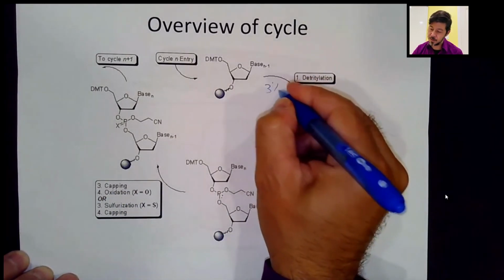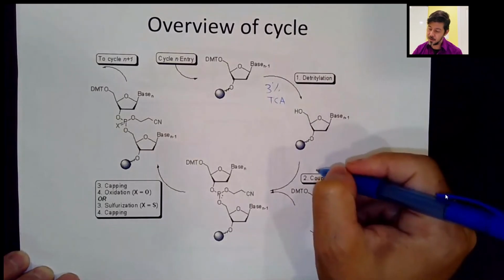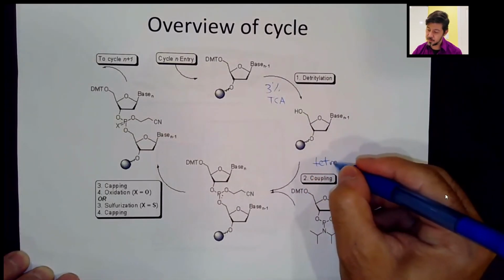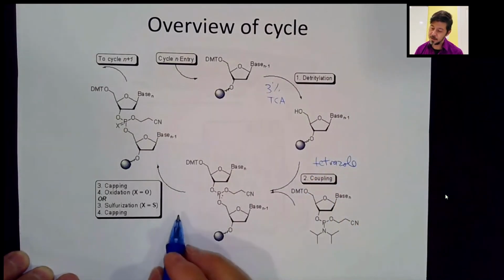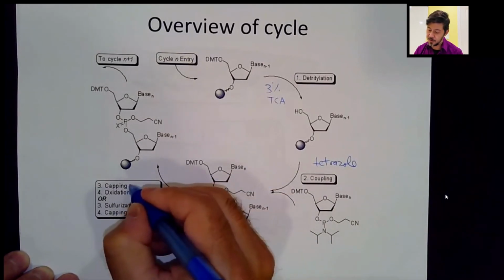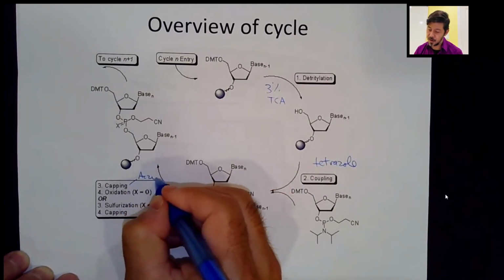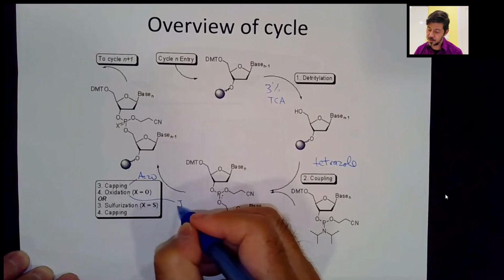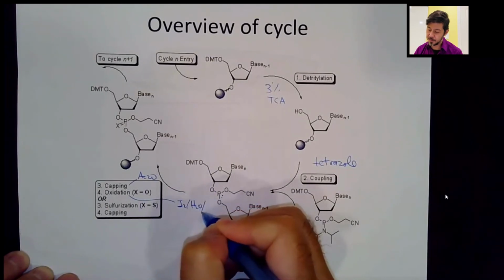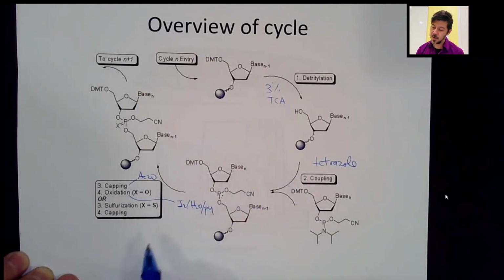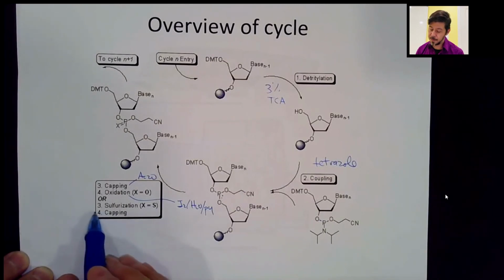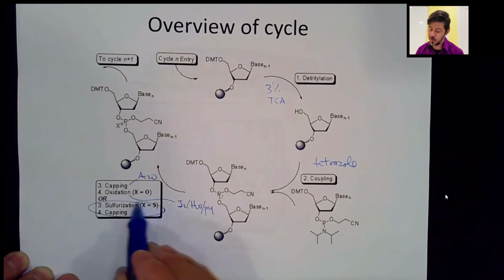So 3% TCA. Here you need to use tetrazole. And then for the capping step, you need to use acetic anhydride. And the oxidation step, you use iodine, water, and pyridine. Don't worry about this at the moment.